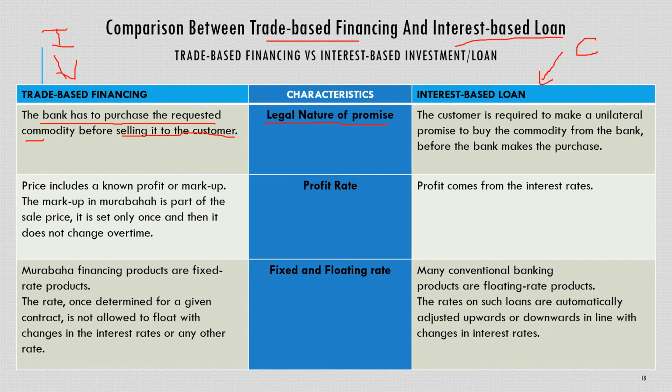But for interest-based loan, the customer is required to make a unilateral promise. Meaning, a unilateral promise is like making a contract with the bank, saying the customer will buy the commodity from the bank before the bank makes the purchase. So, this is the difference in legal nature between trade-based financing and interest-based loan.